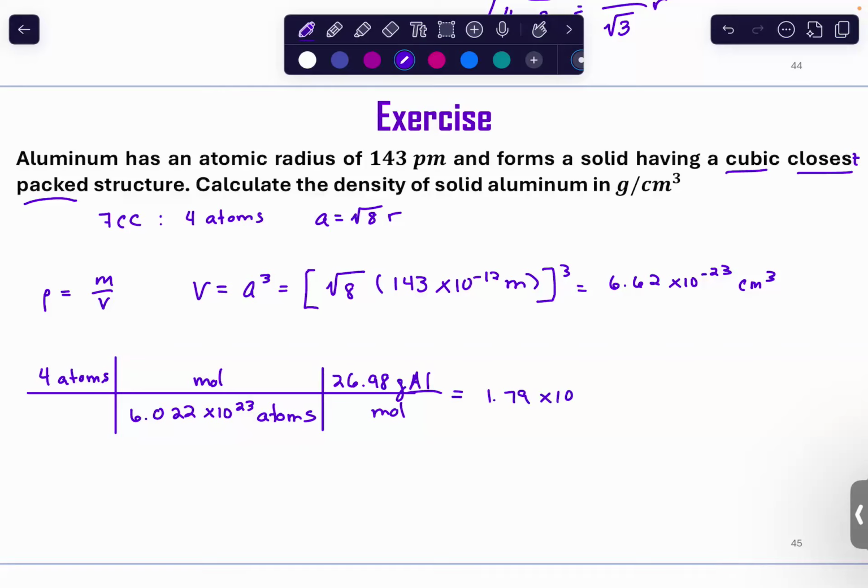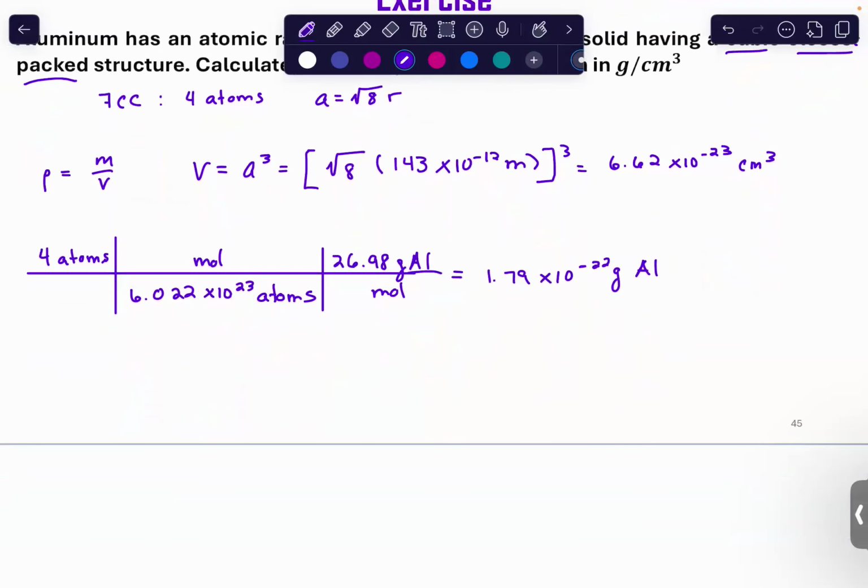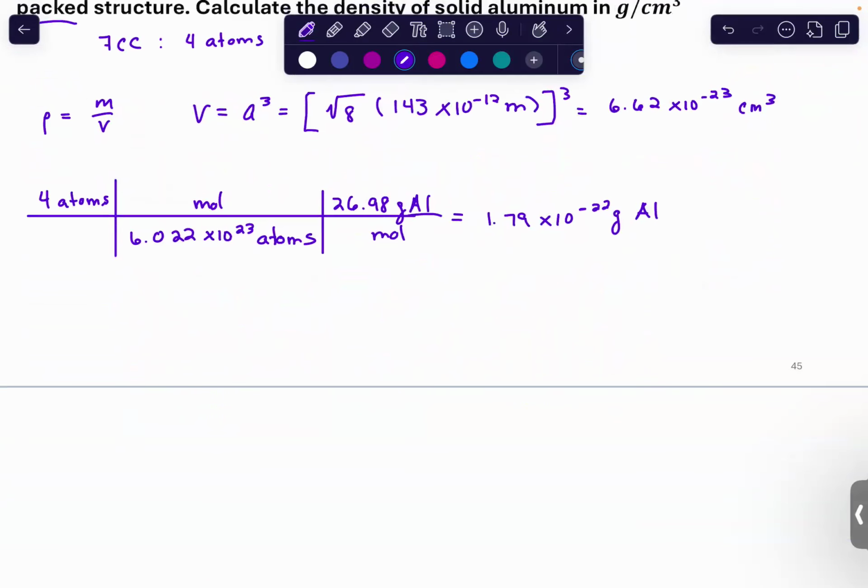1.79 times 10 to the negative 22nd grams of aluminum in a unit cell. So then my density, the mass over volume, 1.79 times 10 to the negative 22nd grams over 6.62 times 10 to the negative 23rd cubic centimeters.